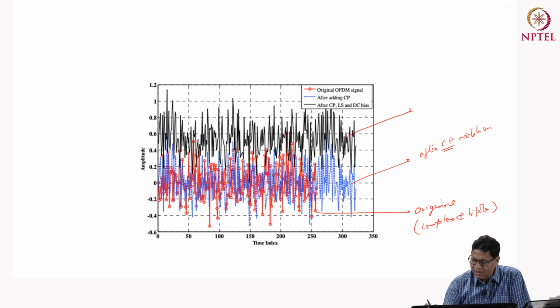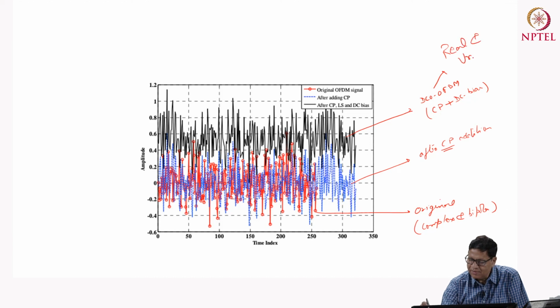So this black thing is actually the DCO-OFDM signal, which means you have added the CP, which was added earlier, plus DC bias to make it positive. So the signal which you get here is actually real and unipolar.